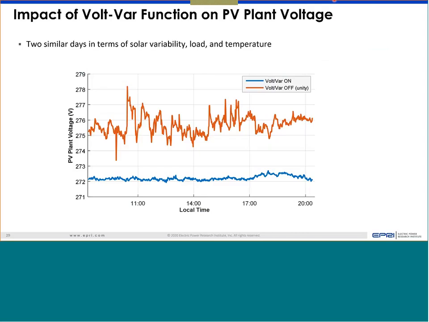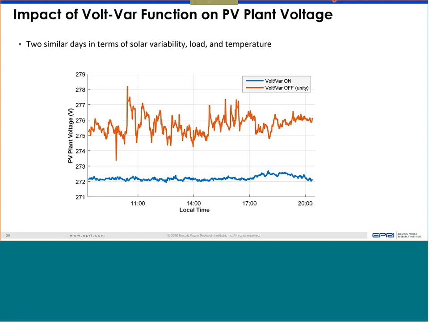Okay, a few examples again from the field. This is a megawatt scale plant, and what you are seeing is two different days. On one day the VOLVAR function was on, and on the other day it was off. Of course, I'm showing an example where it was very obvious that the VOLVAR function reduced the voltage variability, making it almost flat, and also lowered the voltage compared to VOLVAR off.